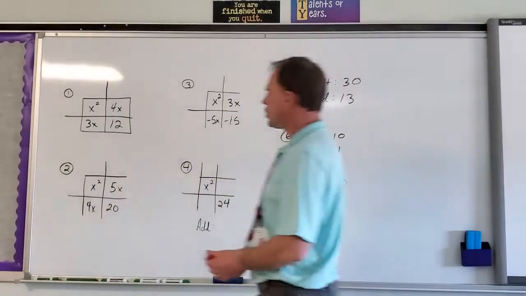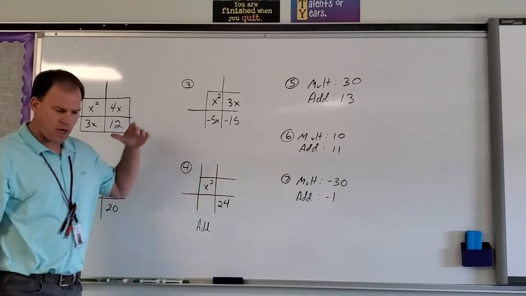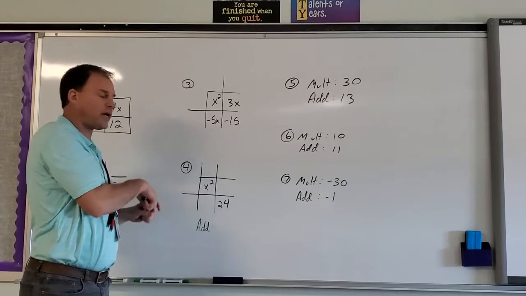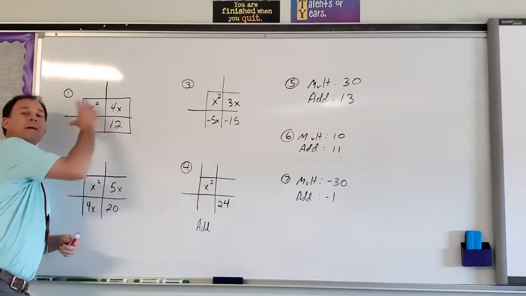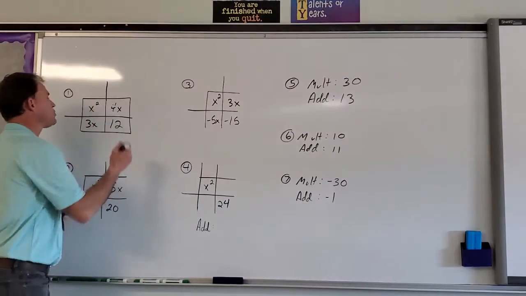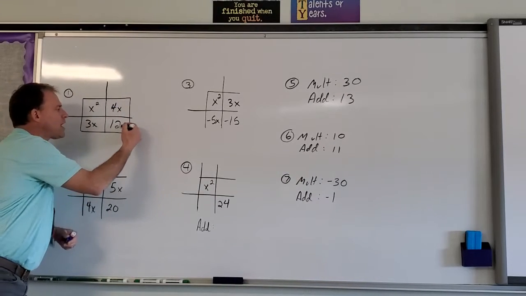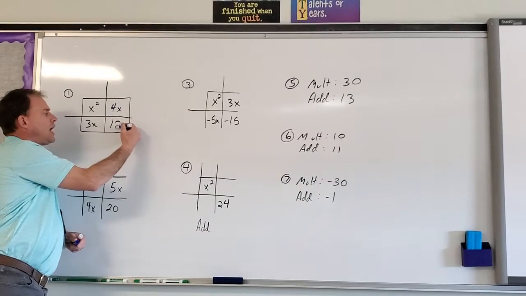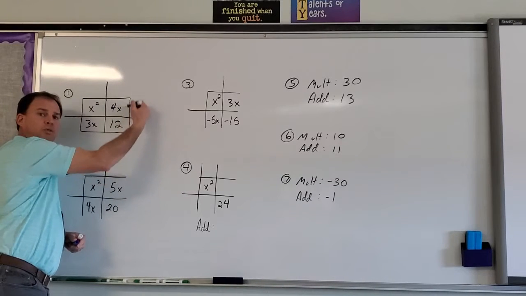Here we go. So if I give you a problem that looks like this, if I give you a filled in area problem, right? Could you work backwards to tell me what made this problem? So hopefully you think you can. So right here, I know if this has 12 and this is a 4x, this has to be something that multiplies into both of those.